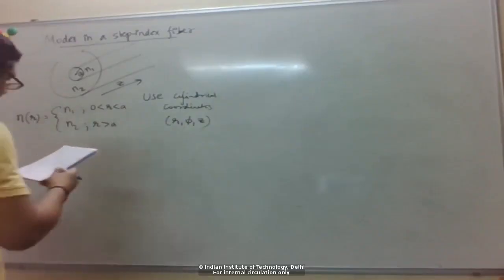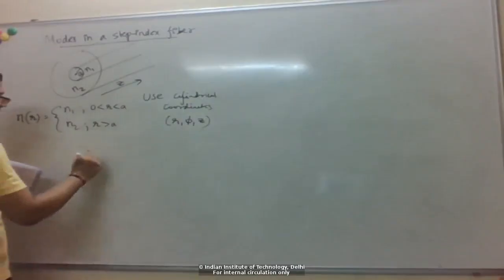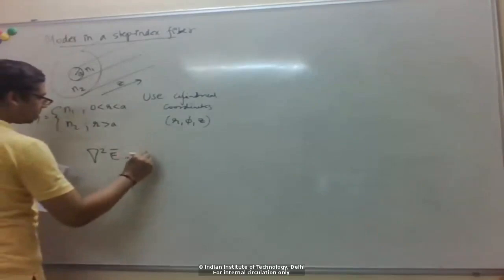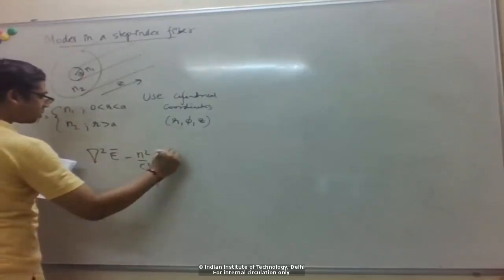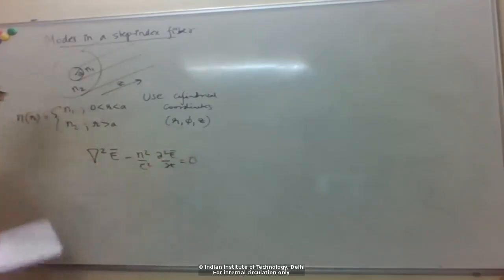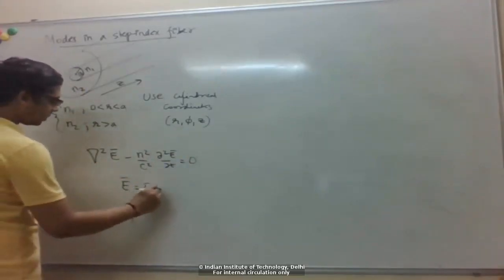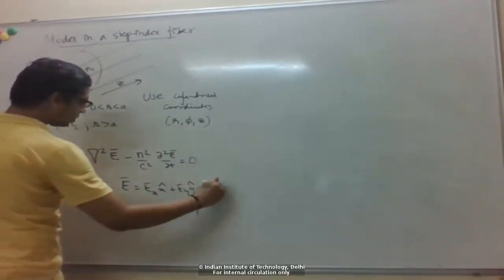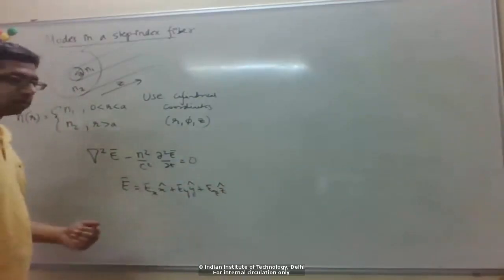Right, so again, one thing to first note here is that when we write, for example, the wave equation, something like that, if we use Cartesian coordinates and write E as some Ex x cap and so on, then what happens is that we get three different equations.